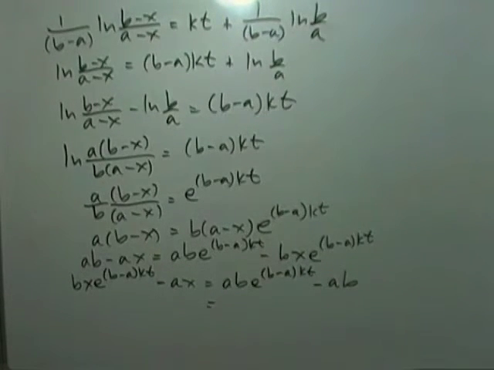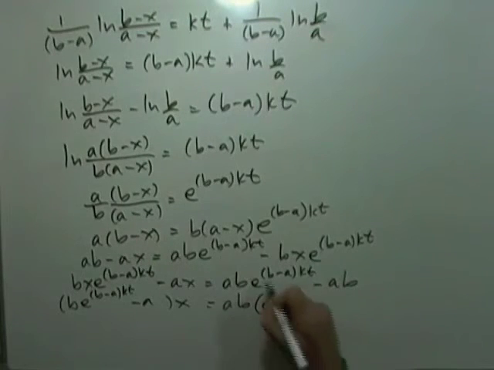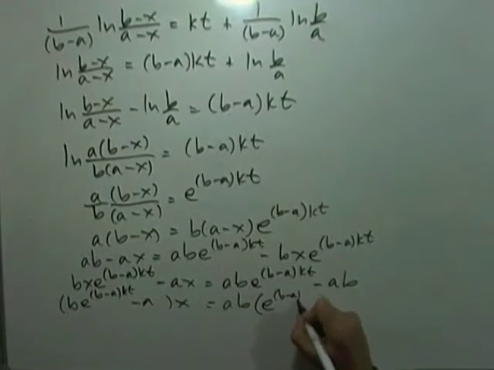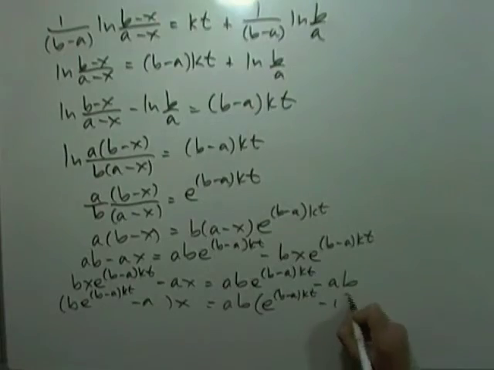Now factorising the two parts, well, taking the x out of this, I'll take it out behind here. I've got be to the b minus a kt minus a, lots of x, ab's can come out of this, equals ab times e to the b minus a kt minus 1.